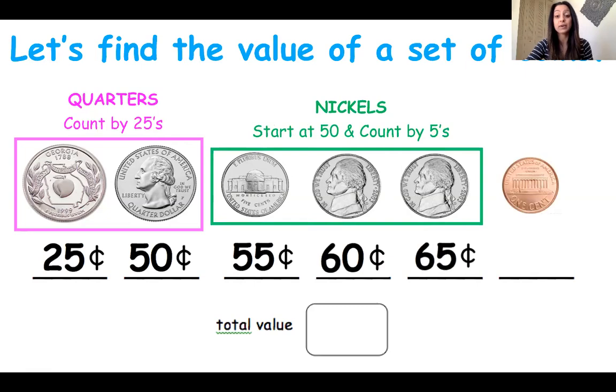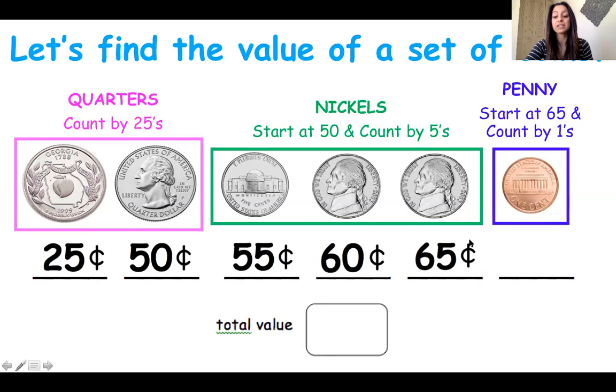Very nice. And now I notice the coin changed again. Now we have a penny. And we know that a penny is worth 1 cent. So we're going to start at 65 cents because that's how much money we have so far. And we're going to count by ones. So 65 cents, 66 cents. So the total value of this set of coins is 66 cents.